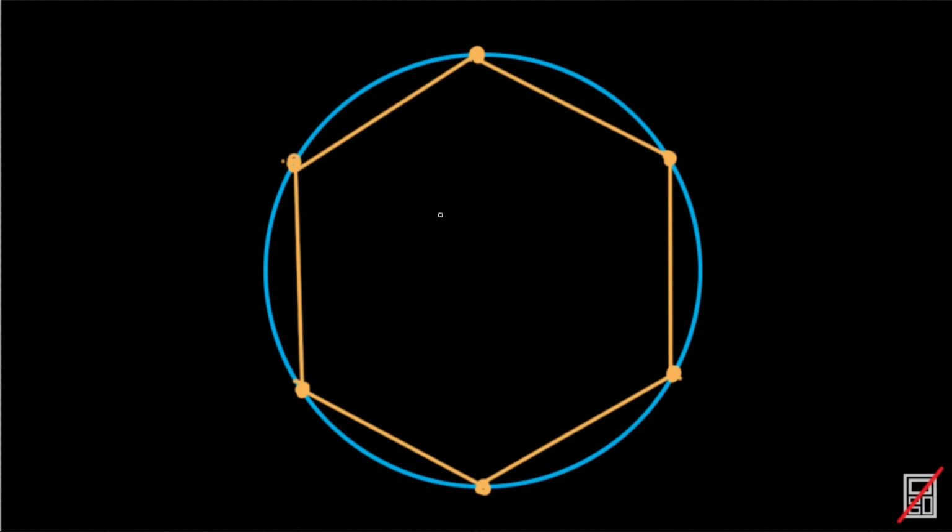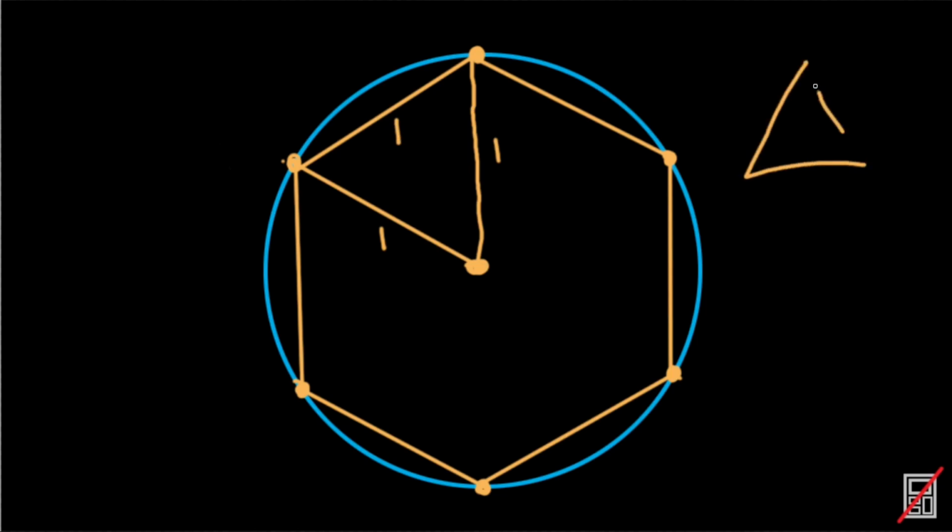So this will allow us to find a better minimum bound than 2. One way is simply to draw all these lines to the outside. And we have an equilateral triangle of side length 1. And so from geometry, we remember that we can calculate this because this side length is 1/2.